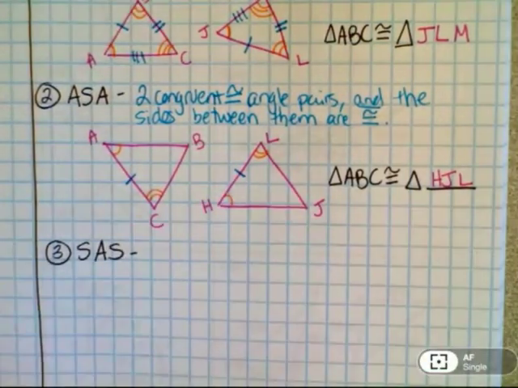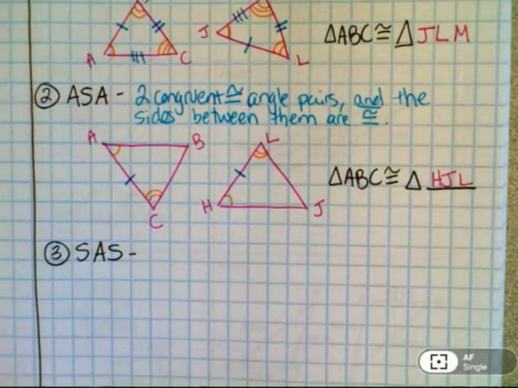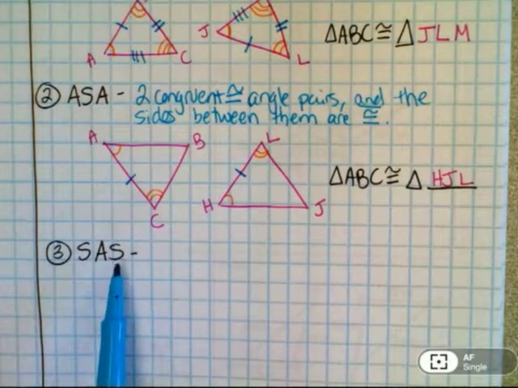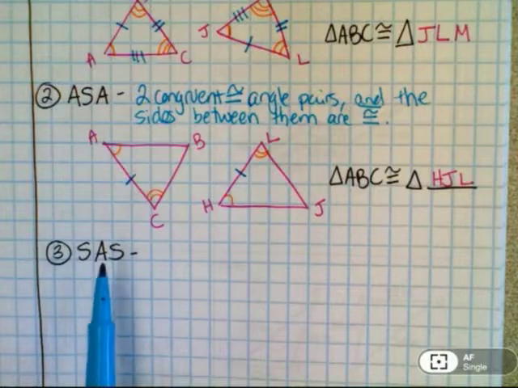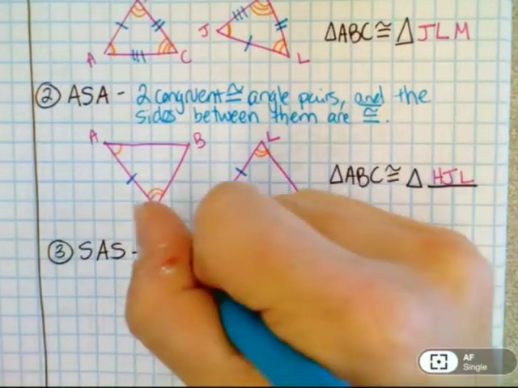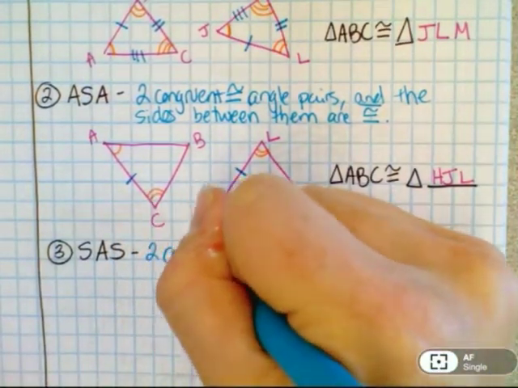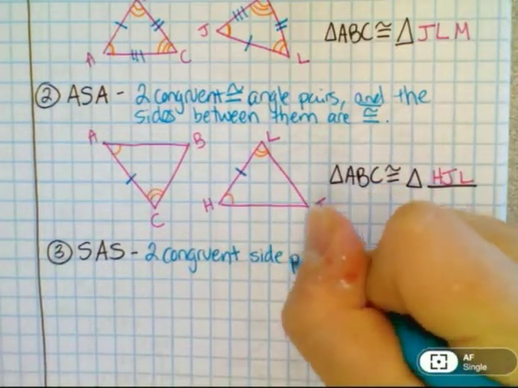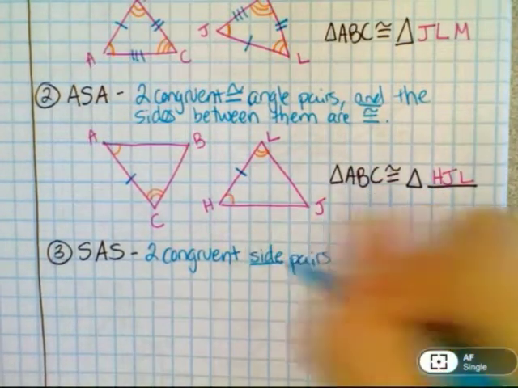And I hope you can take a good guess as to what that might mean. In this case, we have 2 sides and the angle in between. So here we have 2 congruent side pairs. That means their side lengths are the same.